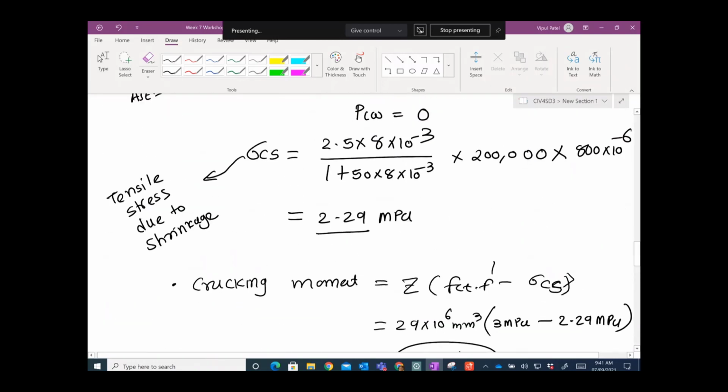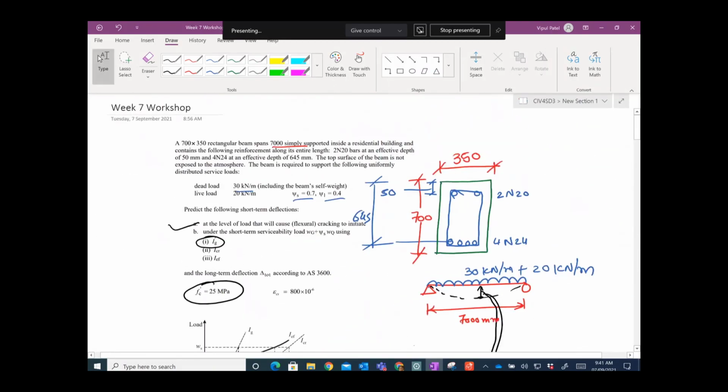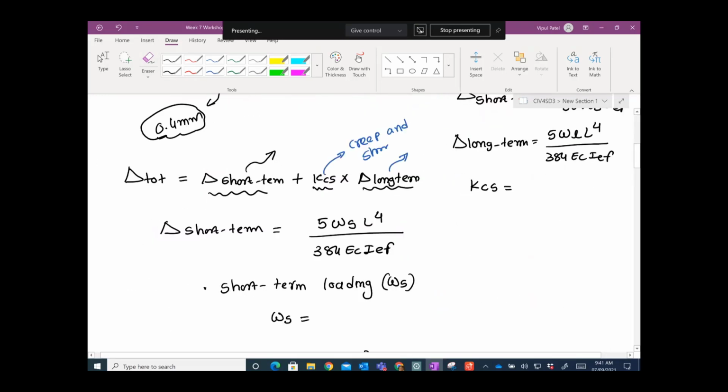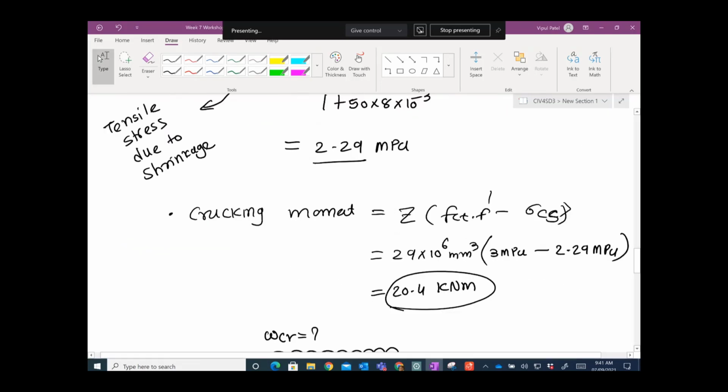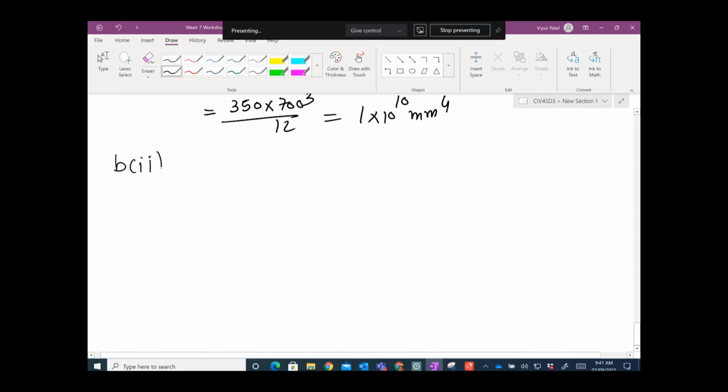We calculated I gross. Let's calculate I crack. That's what they want us to calculate. So let's say B2: cracked moment of inertia, denoted by I crack.